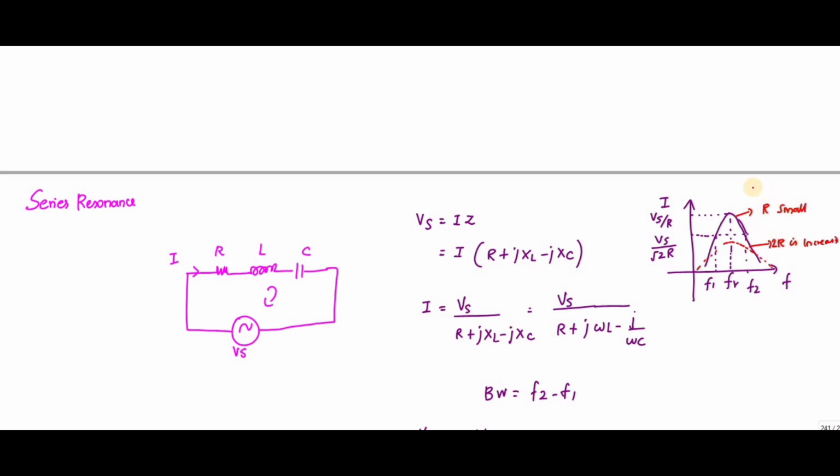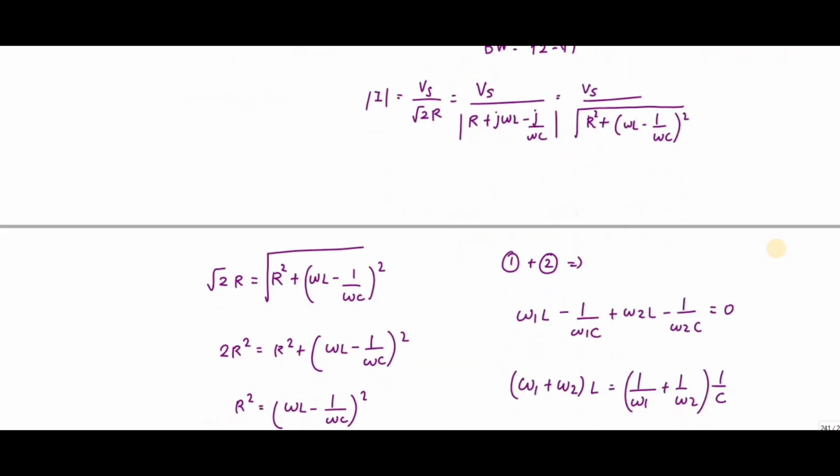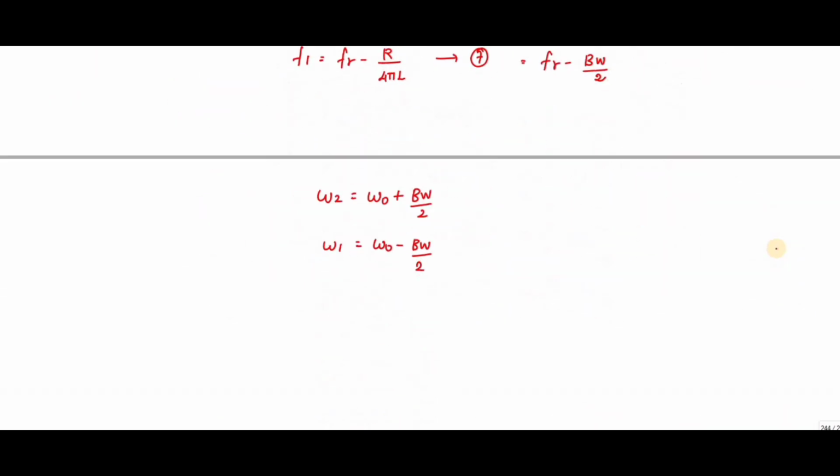So if R is less, Q is large. Here Q is small, but bandwidth is increased. So you can see Q is inversely proportional to that of bandwidth.